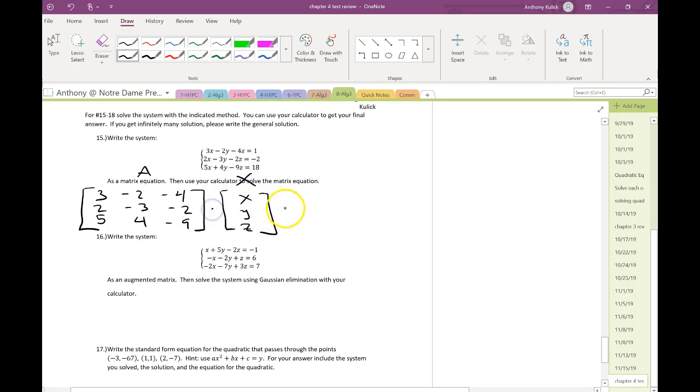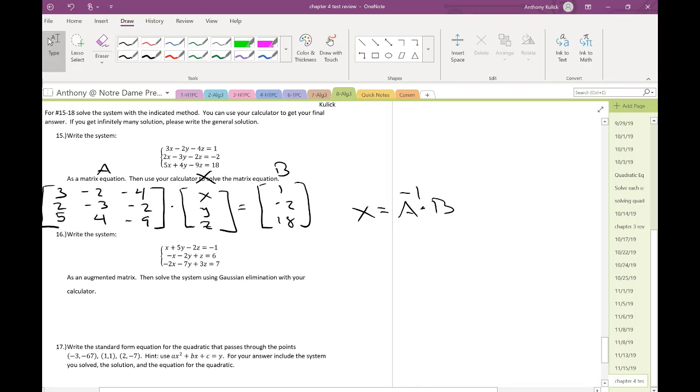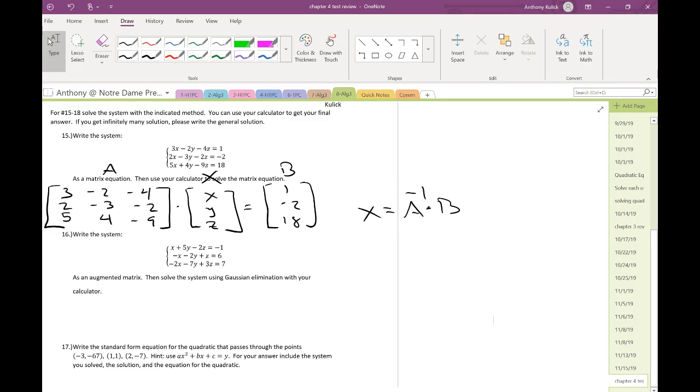I'll call that matrix X. And that'll give you my solutions matrix. That's matrix B. So that's what I want for the matrix equation. And then what I'm going to do in my calculator is A inverse times B. And that'll give me my answer. So let's do that right quick. That's if we're doing Gaussian elimination. So 16 asks you for Gaussian elimination. I mean, I suppose. Sure.